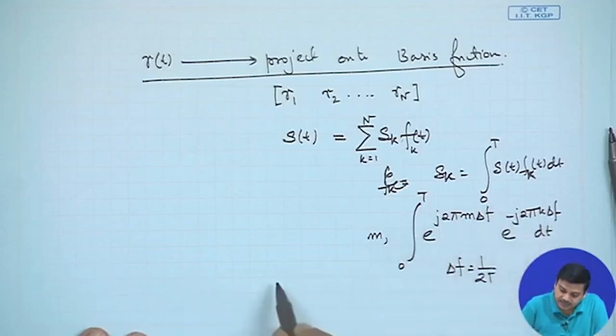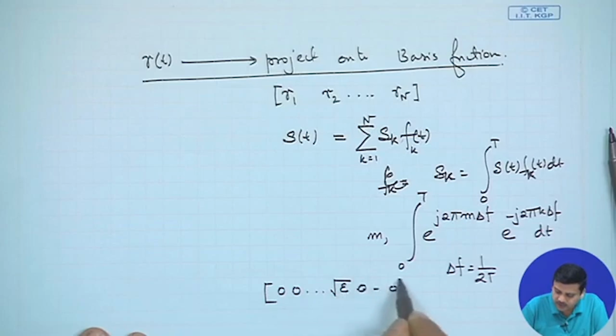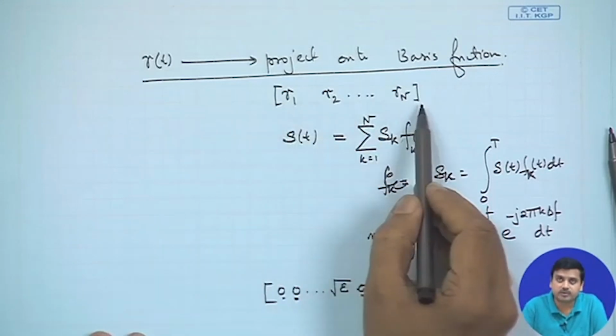So, that means in that case our components would be maybe 0, 0, and somewhere there would be some component which is the energy of the signal. In the ideal case you would have this; in a non ideal case you would get some component values in other places. So, you are basically breaking down the input signal into several components.